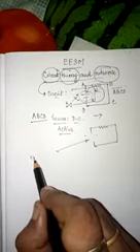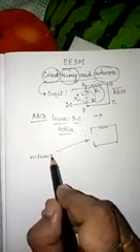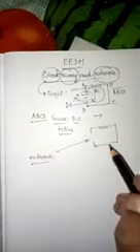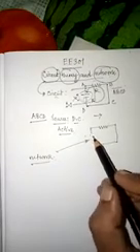This particular thing is called the network. So what is the definition of network? When the active element like a battery or any other power source is removed from the circuit, the remaining path is called the network.